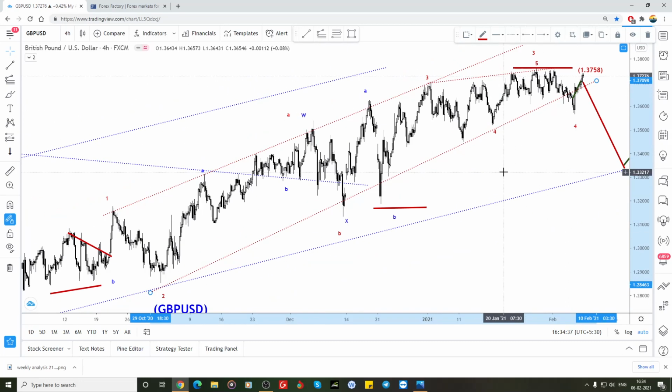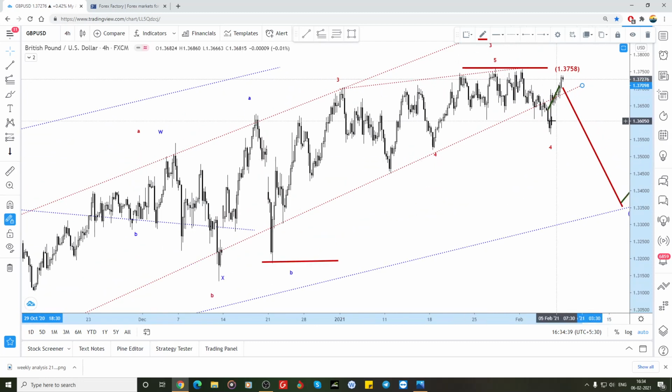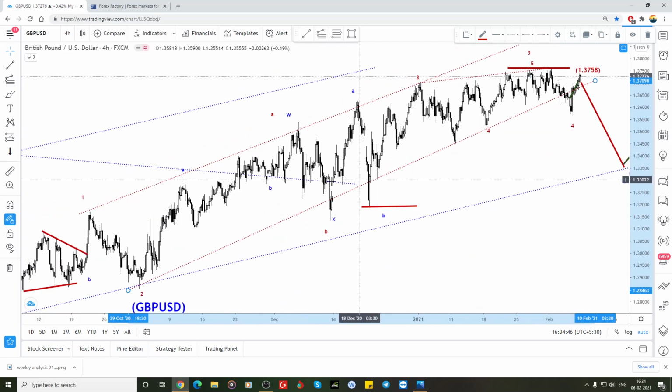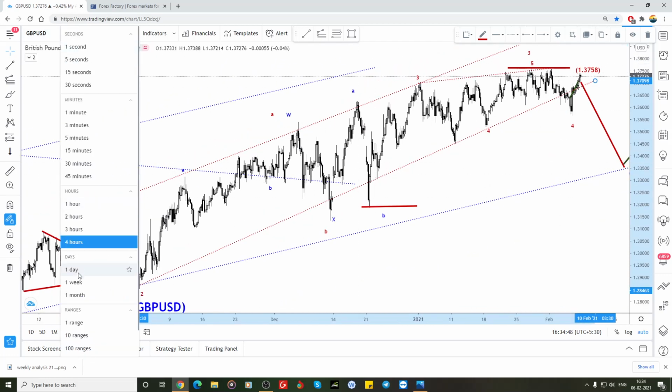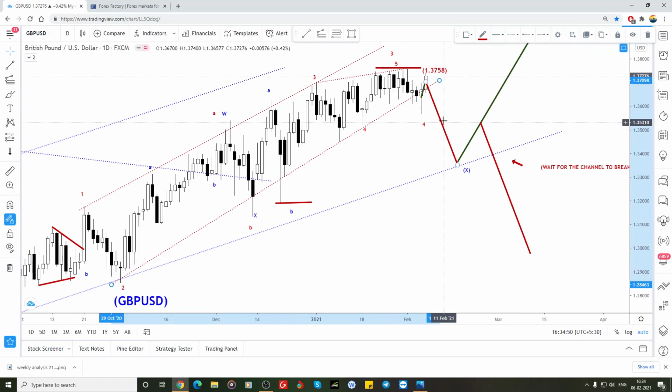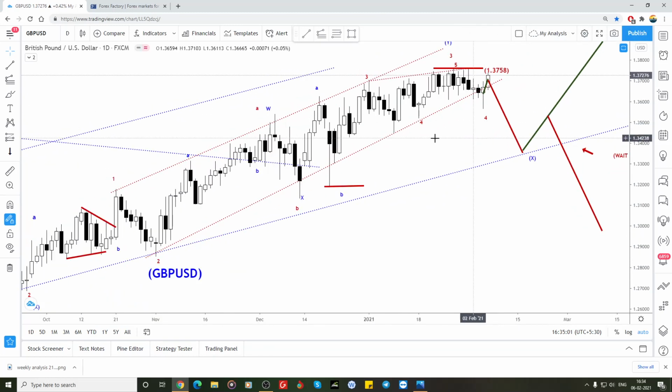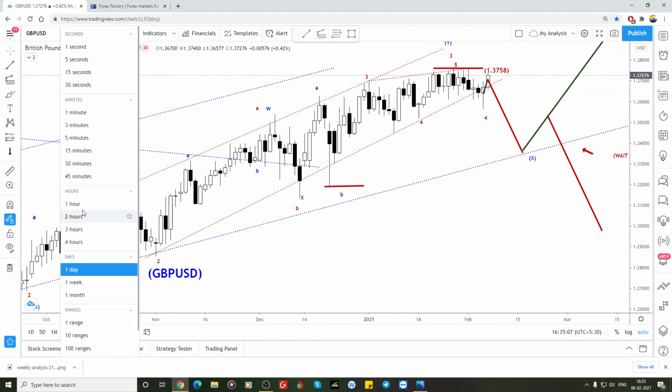That is why I mentioned break below that, and it has to continue the next day, breaking and closing below that wedge formation in the daily. Look at this. This is also closed but not reliable. What is the next day candle? We have to use common sense. That is why I'm telling you, be aware of these wedge formations and channel formations.